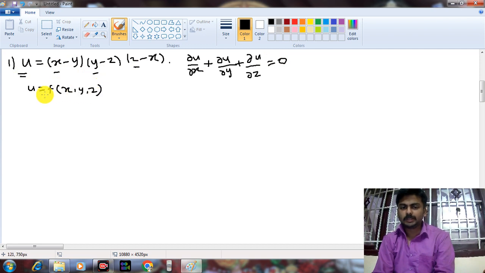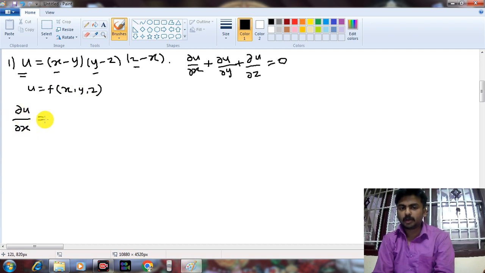Since u is a function of three independent variables x, y, z, this u can be differentiated partially with respect to x, and then with respect to y, and then with respect to z. First we find dou u by dou x.